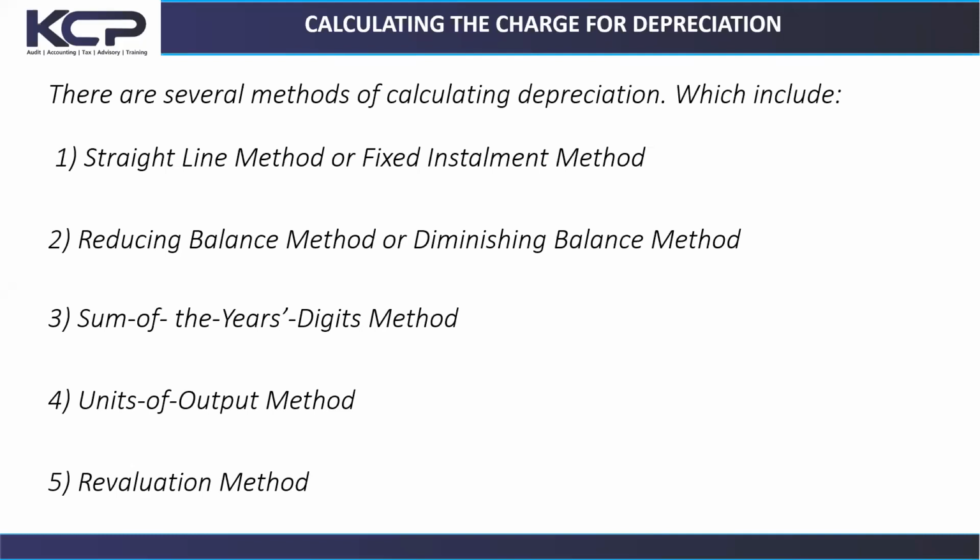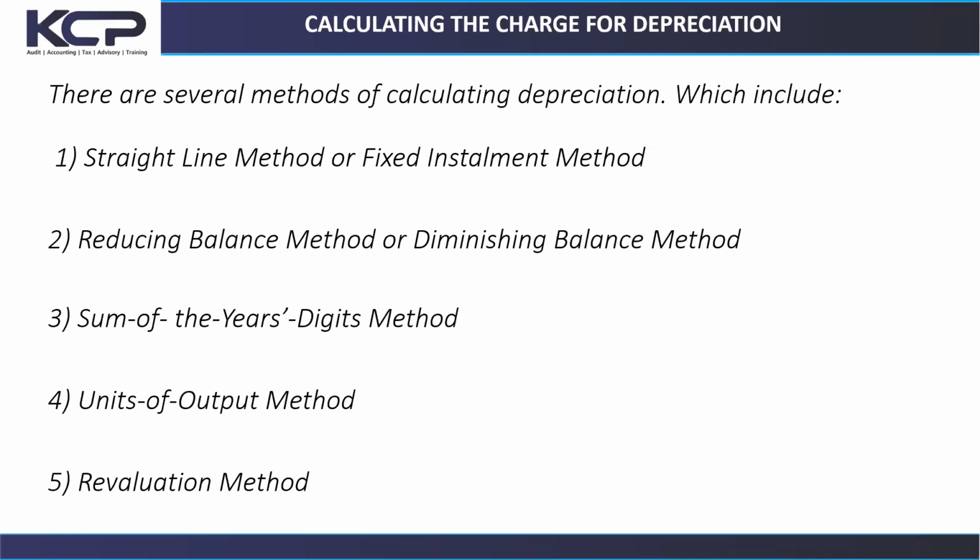So you can definitely use the reducing balance method or sum of the year digits for assets that you think serve you better in the earlier period, and as the years pass by, they tend to be less useful, right?